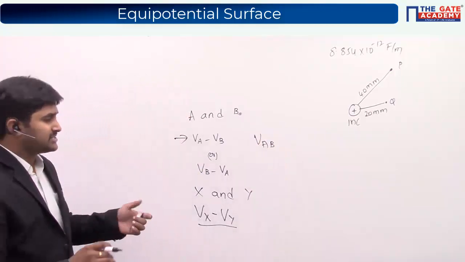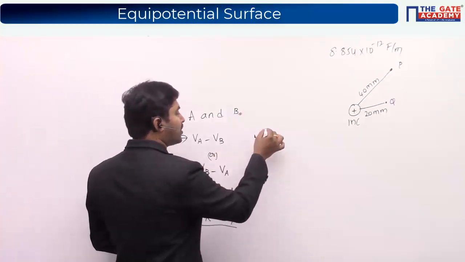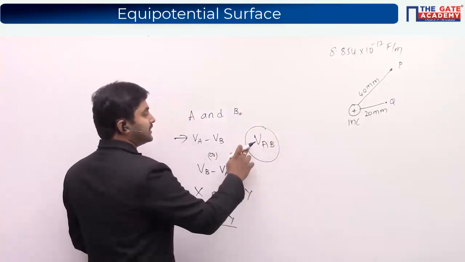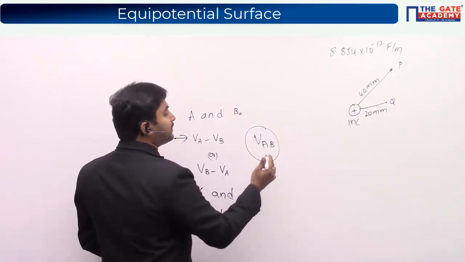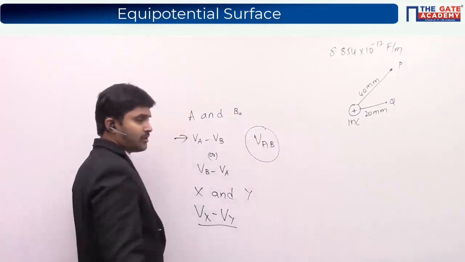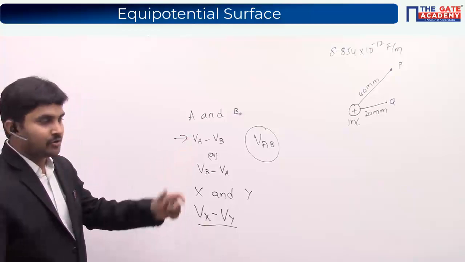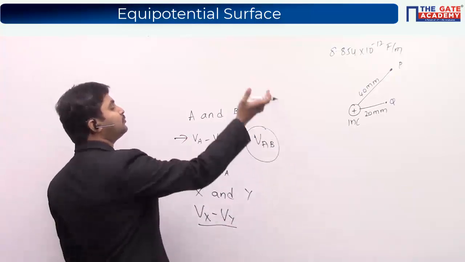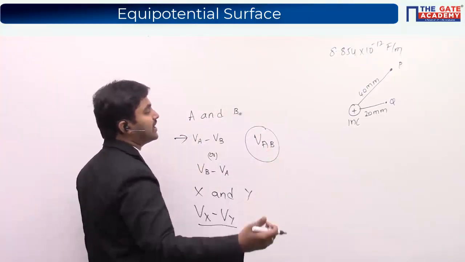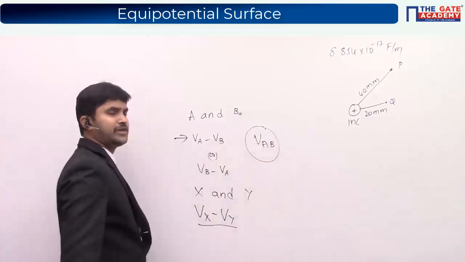Because this is something that I am following over here to explain to you that VAB means that you are following the path of moving from A to B. When you are moving from point A to point B, the work done per unit charge against the field is what we have mentioned as VAB.